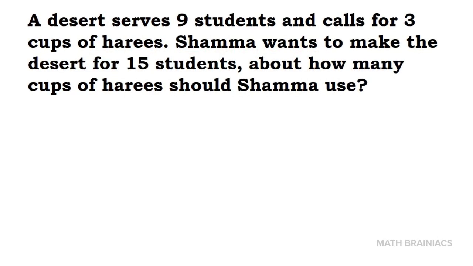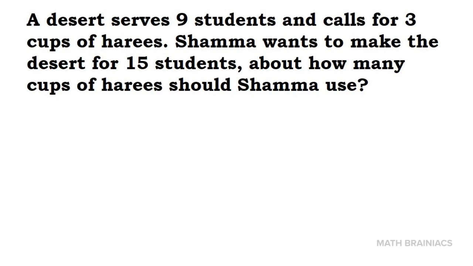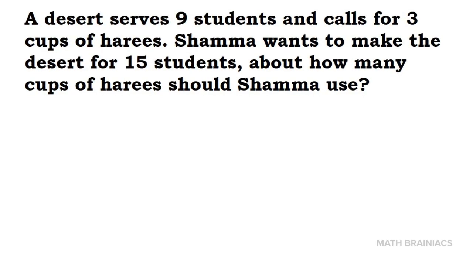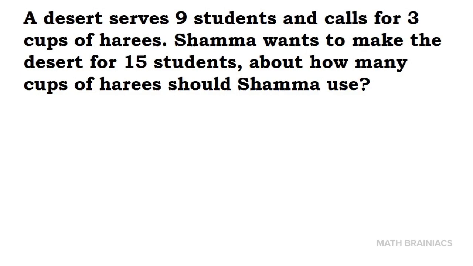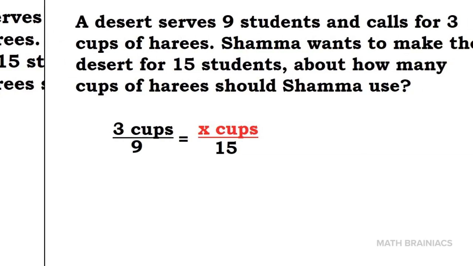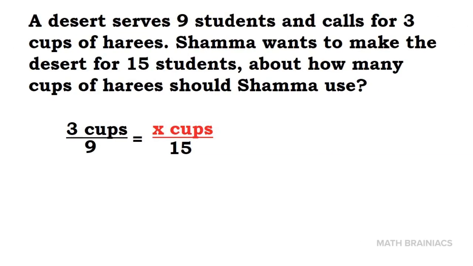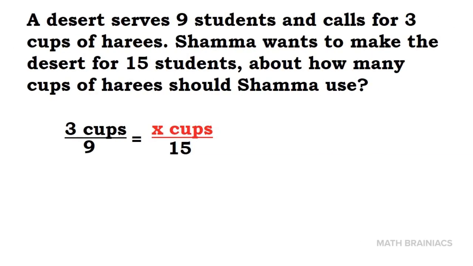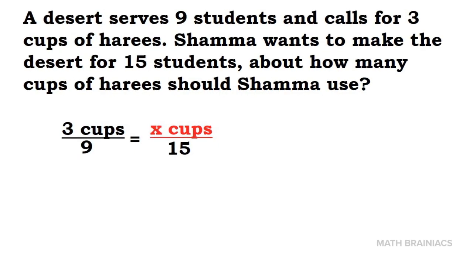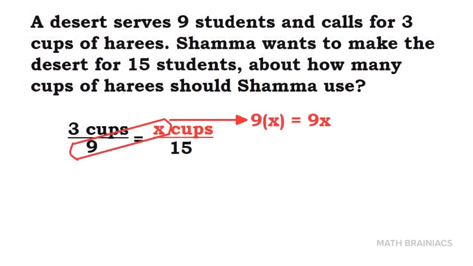A dessert serves 9 students and calls for 3 cups of haris. Shama wants to make the dessert for 15 students. About how many cups of haris should Shama use? Let us write first the ratio of 3 cups for 9 students and the number of cups we are going to find out for 15 students.